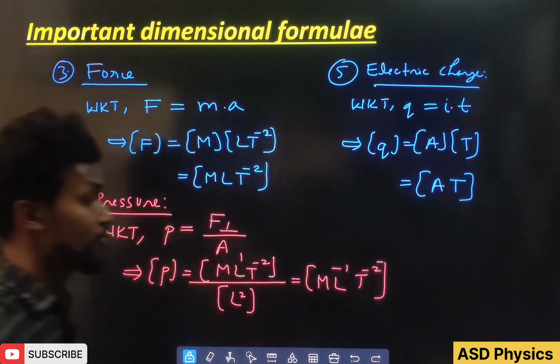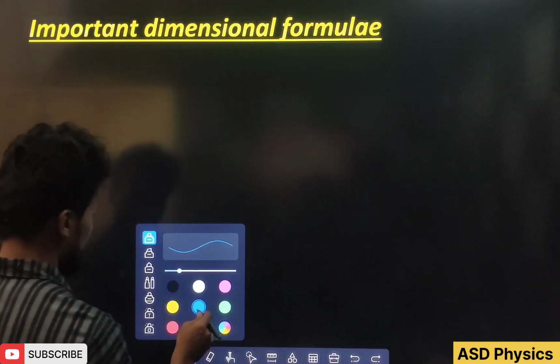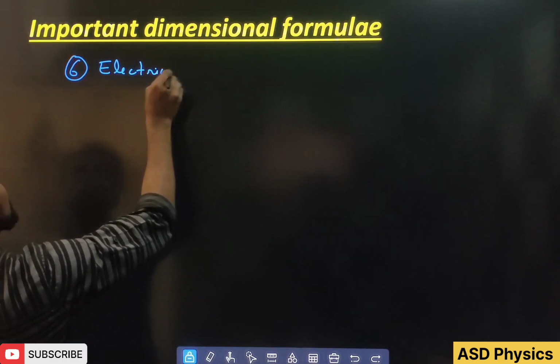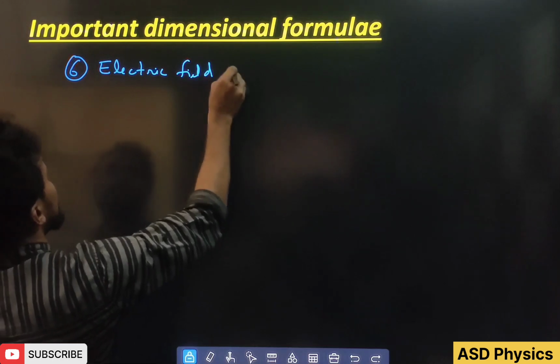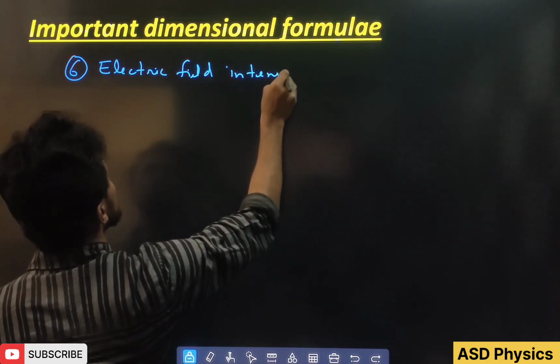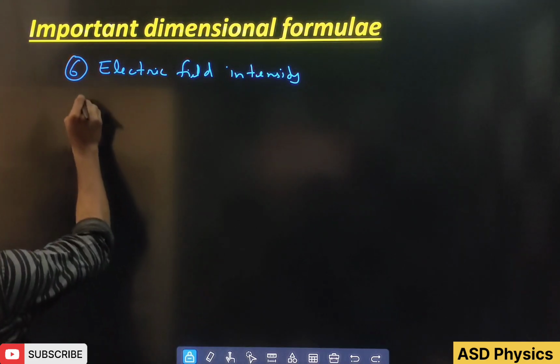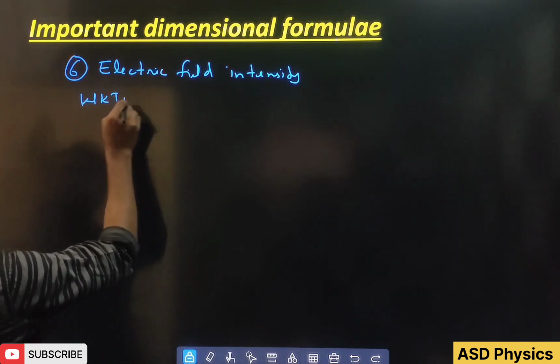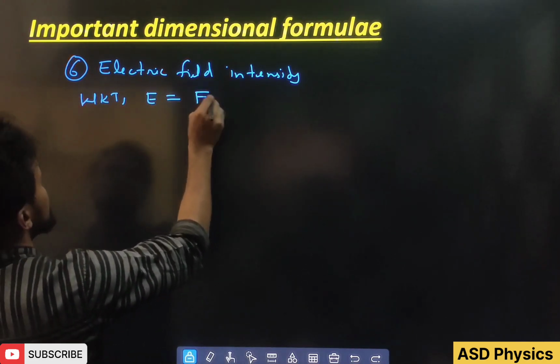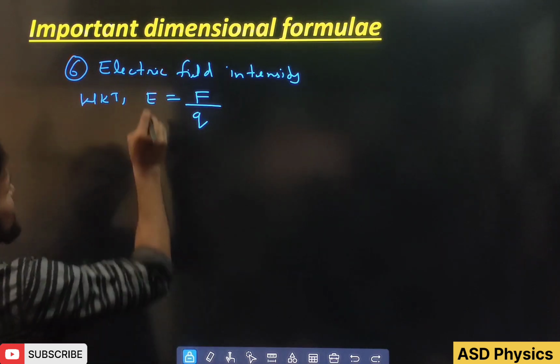Okay, so we have seen 5. Next, the sixth one, electric field intensity. This comes in the first chapter of the 12th, electric charges and fields. Remember that electric field intensity is given by the force per unit charge, in vector form.